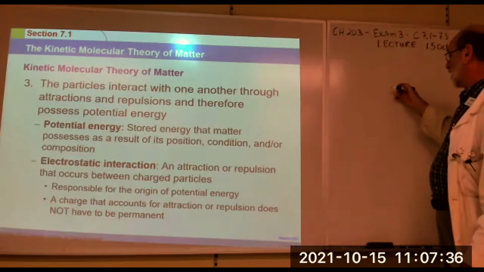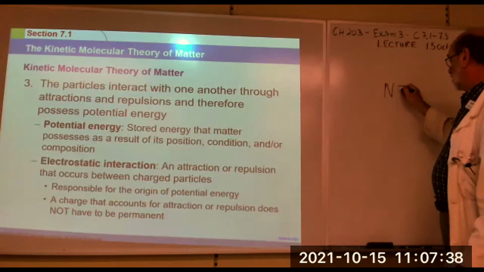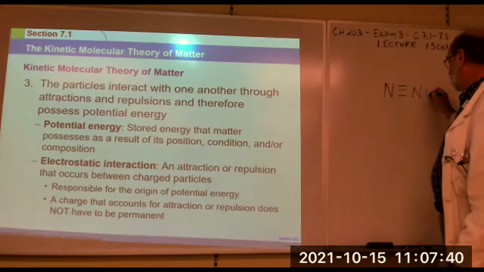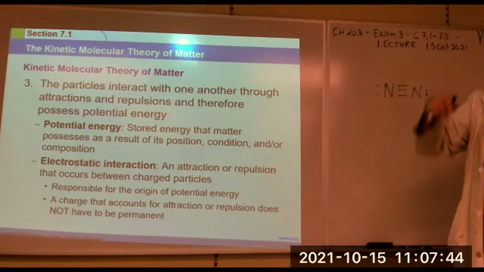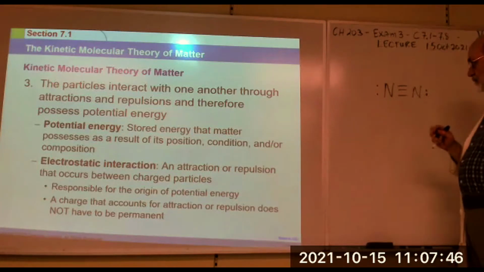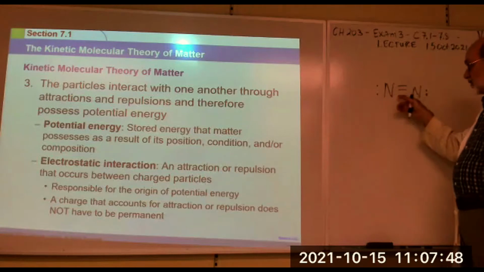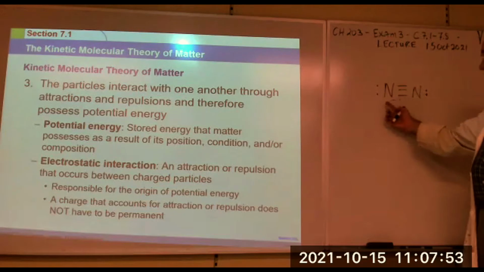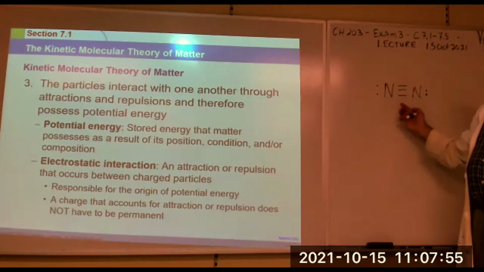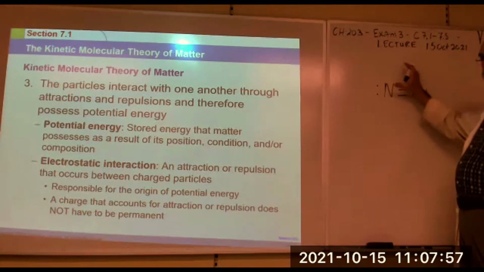Let's take a really simple one: nitrogen that you breathe in the air. It's the Lewis dot structure for dinitrogen. That can't be polar because these two atoms are equal, so the distribution is evenly distributed.